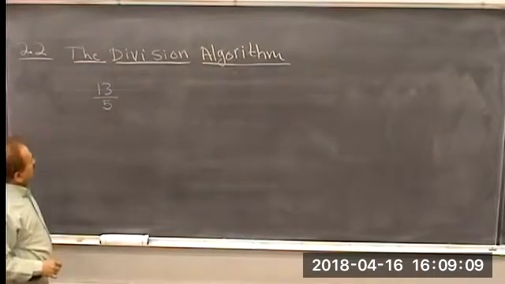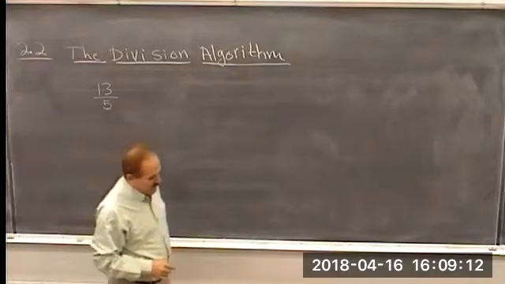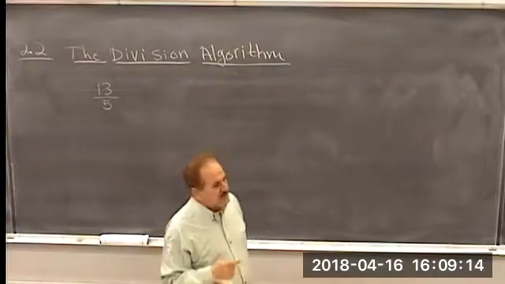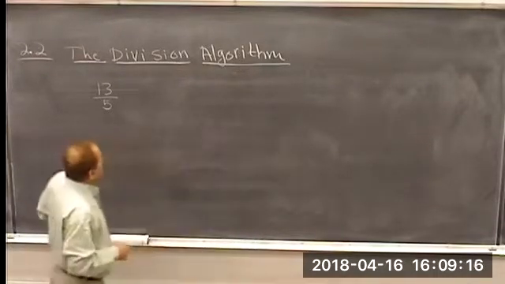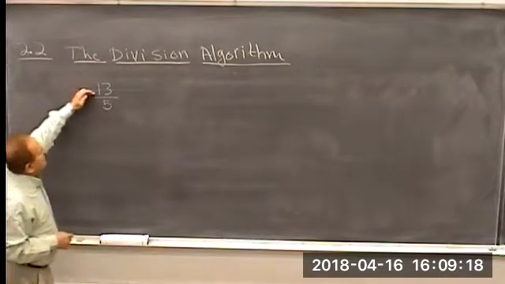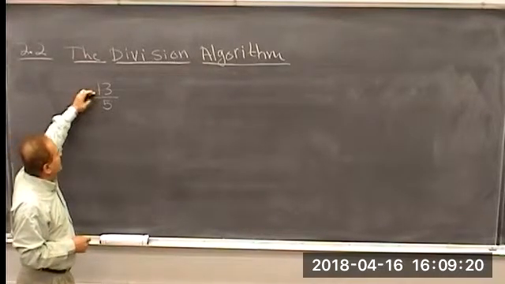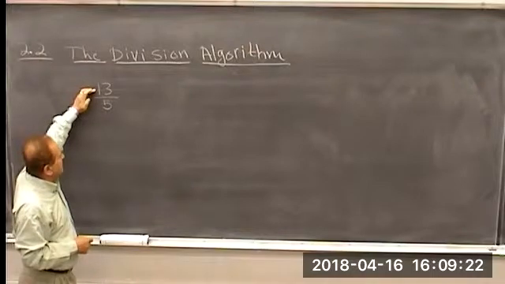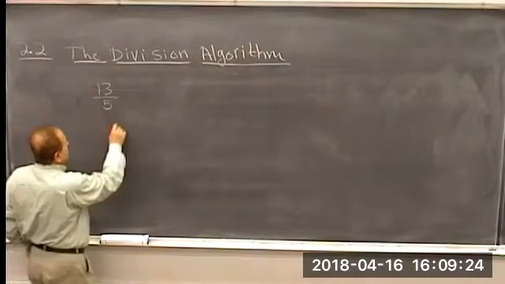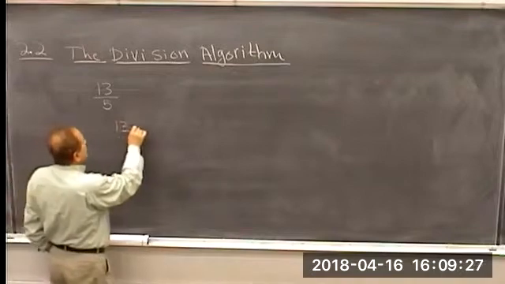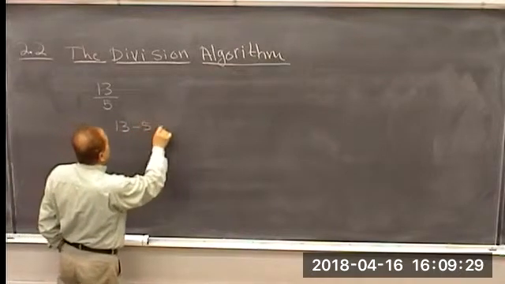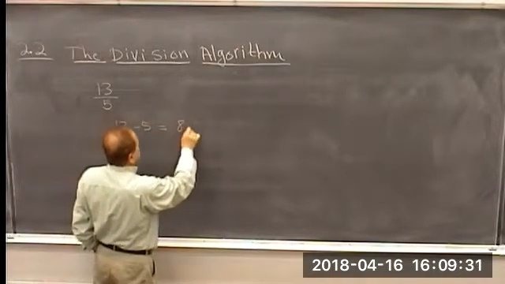We know that division is actually the process of repeated subtraction. What does this mean? This means we need to find how many 5s are in 13. So if I start with 13, then subtract one 5, we come up with 8.